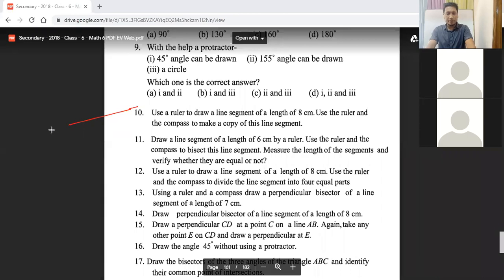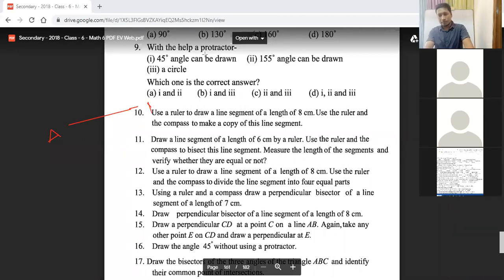You will give a name here. Suppose it is AB. You can give another name also. Suppose it is AB, and you have to draw a copy of it. Copy of it means you will draw another line which will be same as.